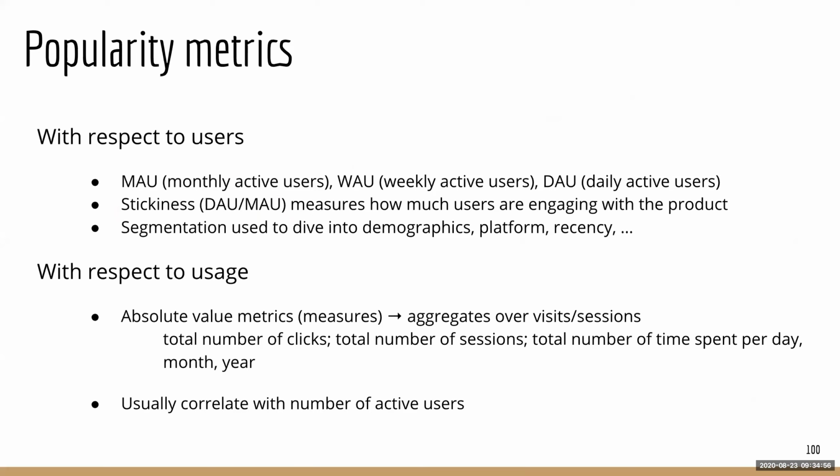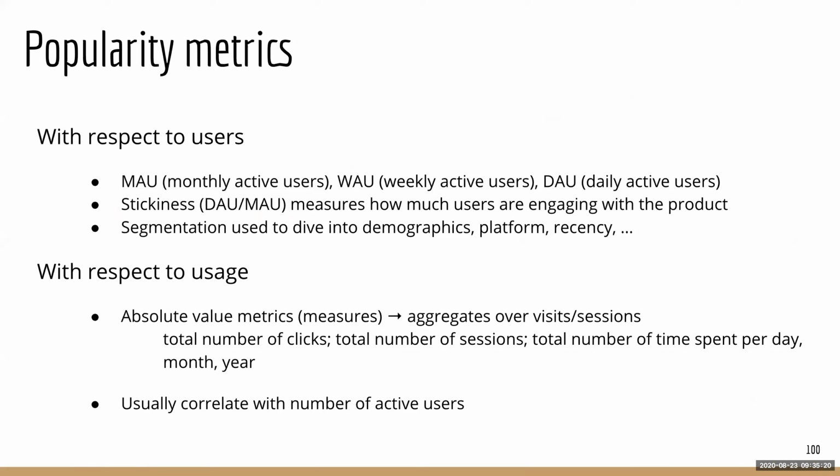Popularity metrics are with respect to the user: how many users, how active they are, monthly active users, weekly active users, daily active users. Stickiness is measured by daily active users divided by monthly active users. So the more days users are on the platform or service, divided by months, there's this notion of stickiness.